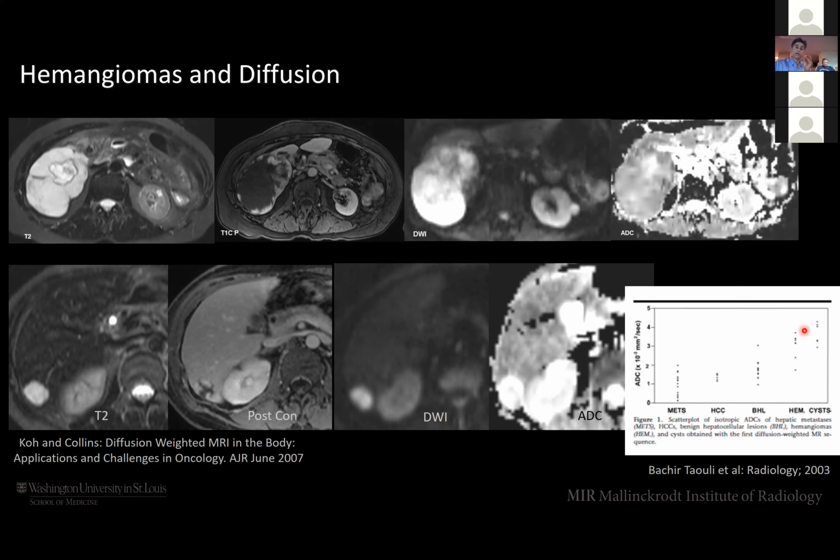Our observation is that if you have an atypical hemangioma, meaning the lesion is not characteristically enhancing and is going to enhance slowly over time, those are the lesions that tend to have some diffusion restriction. So in general, mild diffusion restriction does not help you one way or the other if you're considering hemangioma. It's only a robust diffusion restriction that is going to help you to say that, no, this is not hemangioma, this is indeed some kind of malignancy or metastasis.